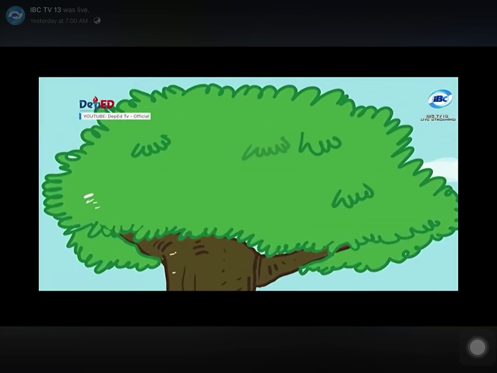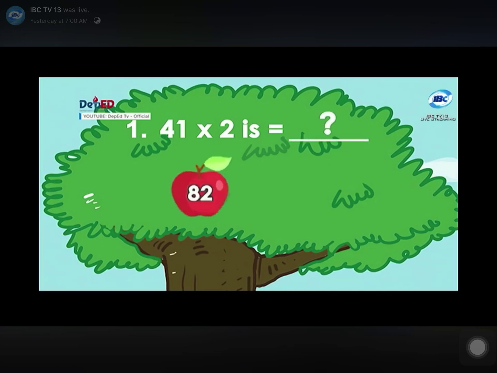Relax, Ana and Tonyo. I am sure that our Math Dali buddies will help us in our Math Dali venture for today. Let us refresh our memory in multiplying numbers by determining which fruit is the product of each tree. Number 1: 41 times 2 is equal to 82 or 28.